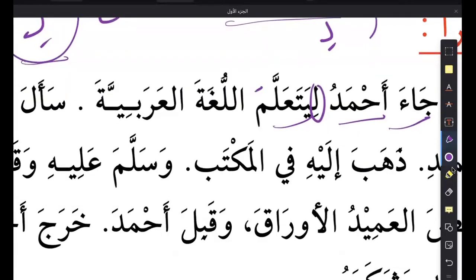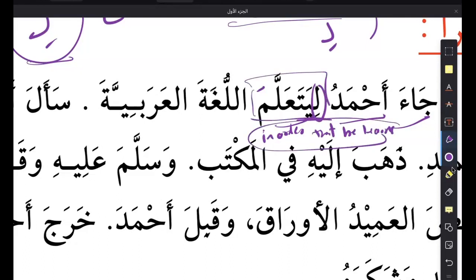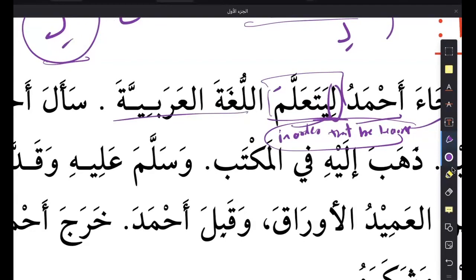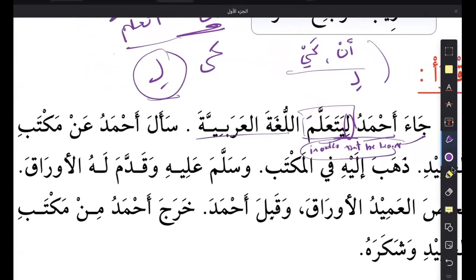So the word for word translation would be in order that he learns. This whole thing is ليتعلم. Learns what? اللغة العربية. So Ahmad came in order that he learns the Arabic language.